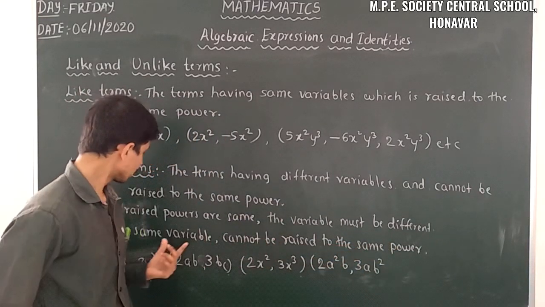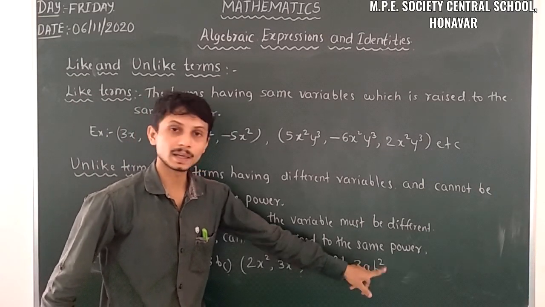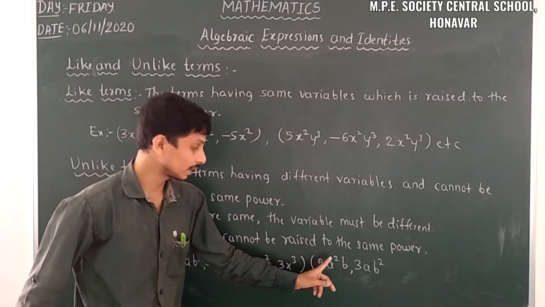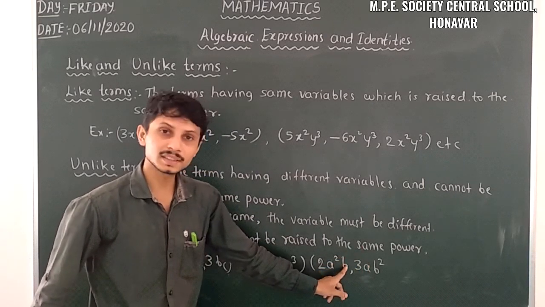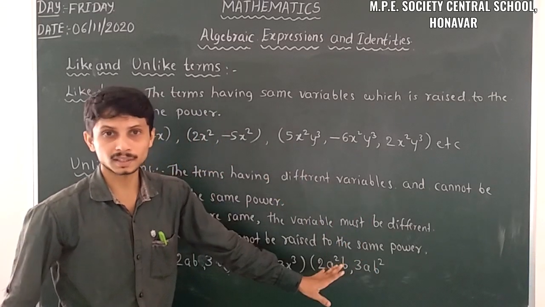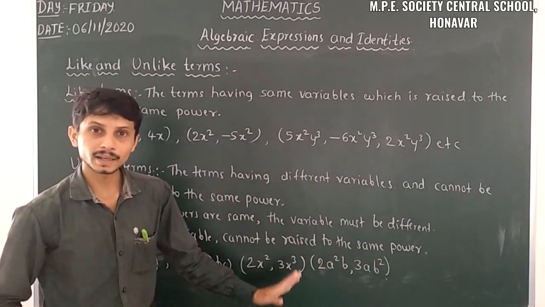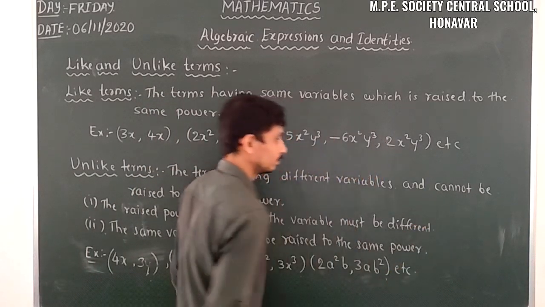Here it is having the same variables, that is a and b, but here only a, here only b, and there a square, b square. So that's why we have to take it as unlike terms.